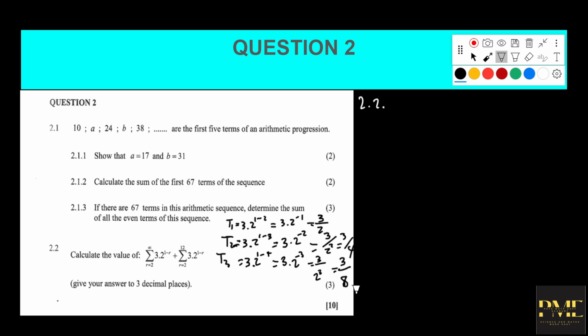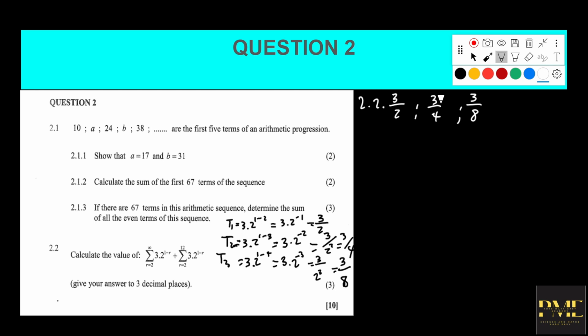So all you need is 3 terms to have your sequence. So in this case, our sequence goes like this: 3 over 2 is our first term, 3 over 4 is our second term, and 3 over 8 is our third term. Okay.